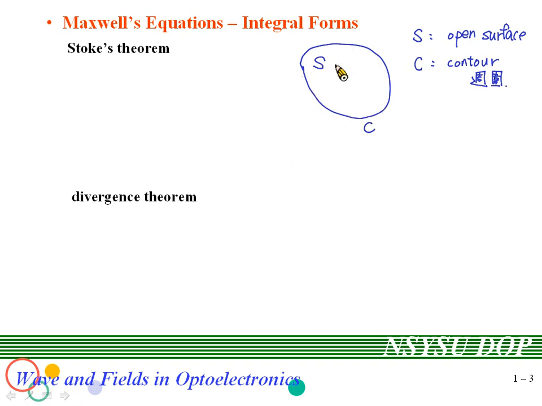Over this open surface, you can cut it into many small pieces. Each piece has its area dA and the direction n hat. As a result, this surface element is a vector because it has direction. Also, along the contour C, you can find a small section that has a direction, so this is a vector dl.